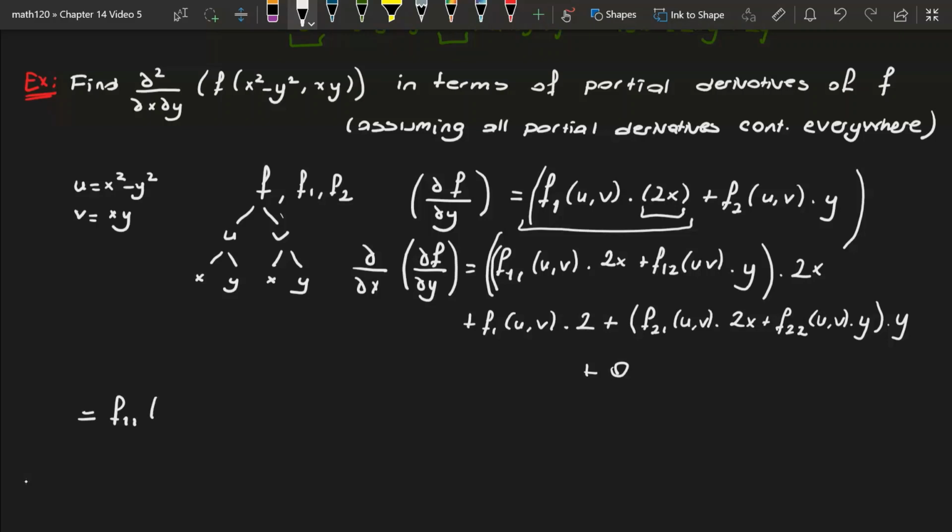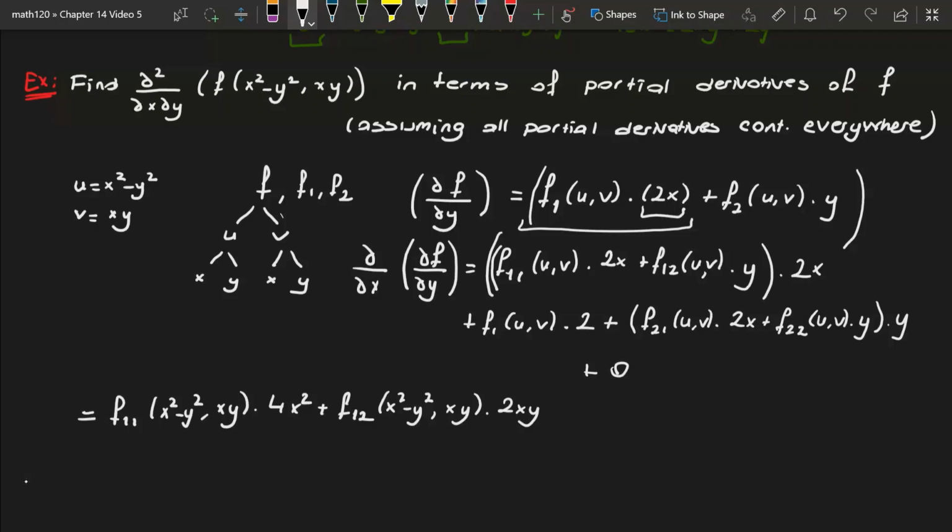f11 of x squared minus y squared, xy times 4x squared plus f12 of x squared minus y squared, xy times 2xy. Okay, here we have also f21 of x squared minus y squared, xy times 2x times y.